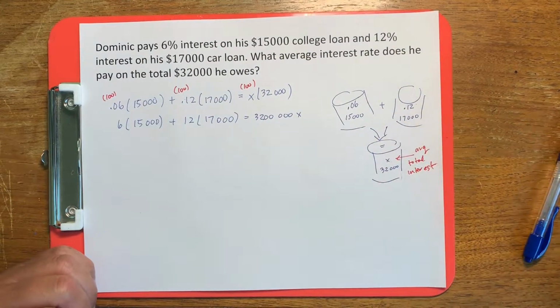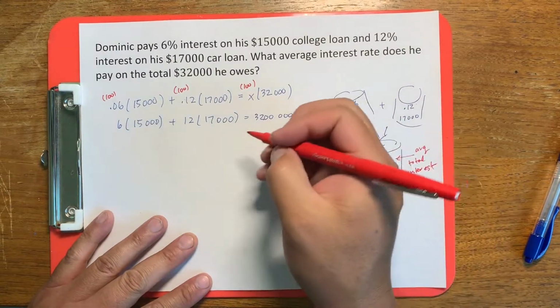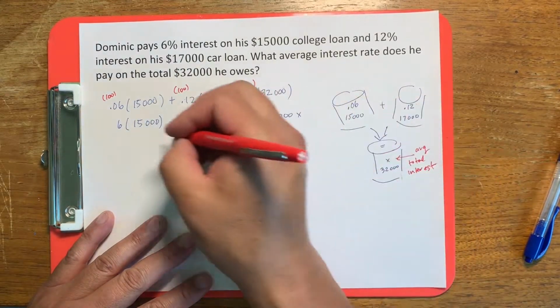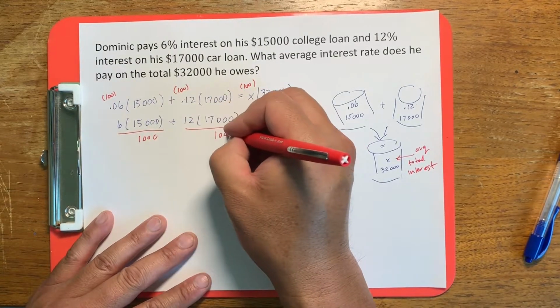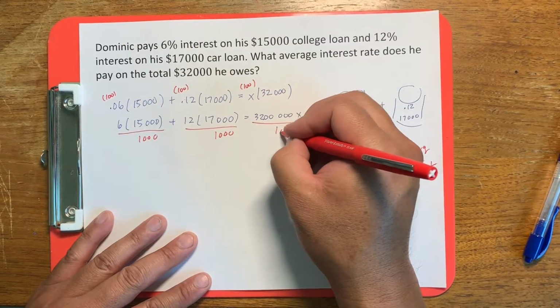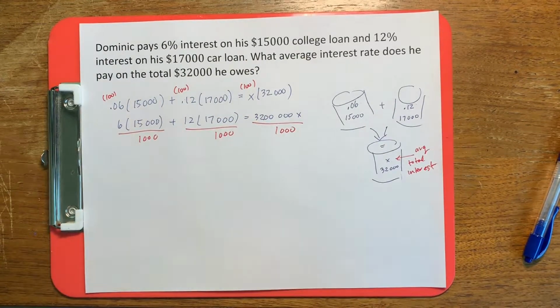Now, what I can do is I can divide every term by 1,000. And that'll just make my bookkeeping easier.